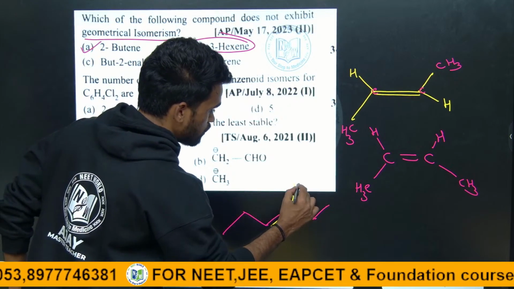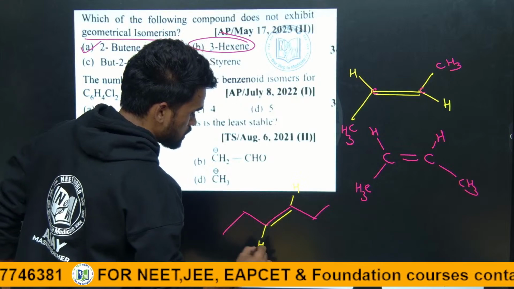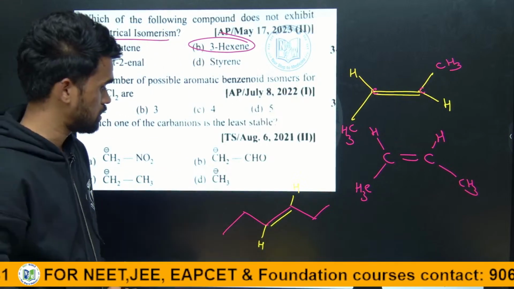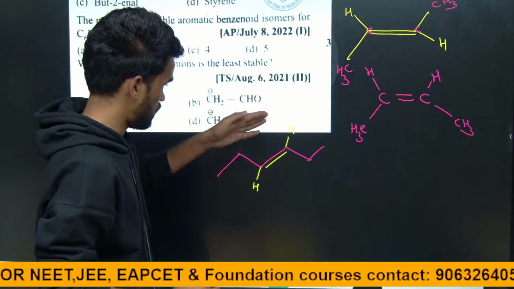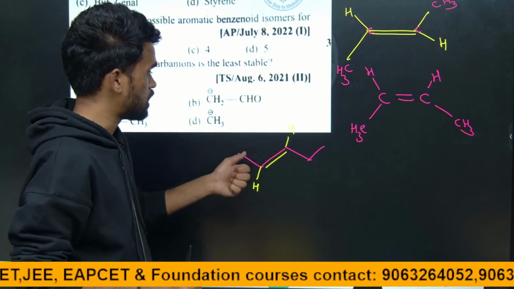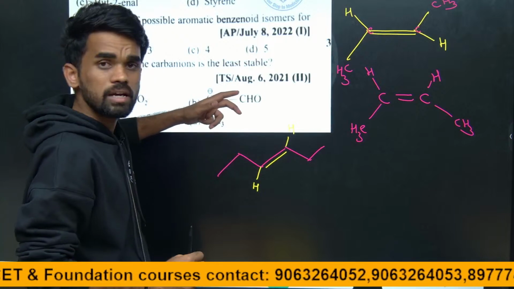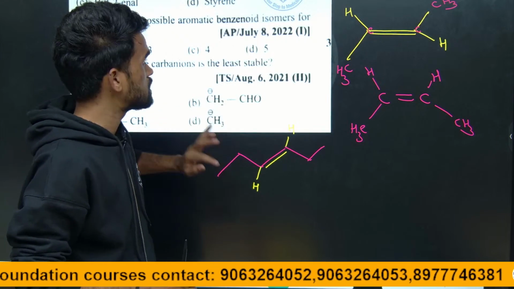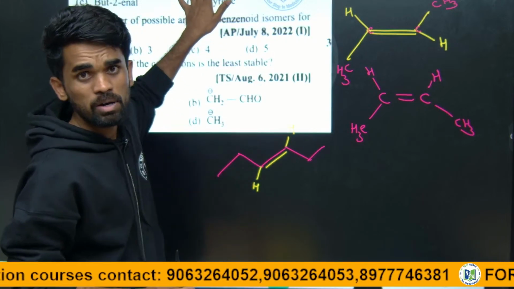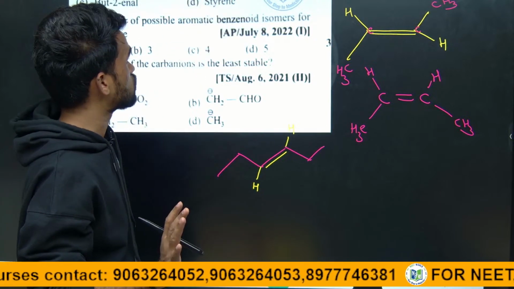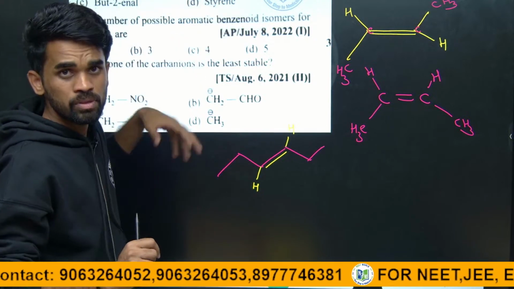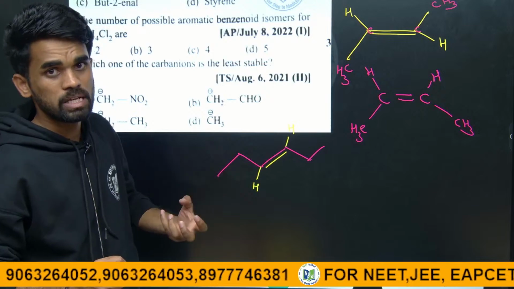See here, we can put one hydrogen above and one in the opposite direction, 180 degrees to each other. So this can be the trans form. We can also write putting these two hydrogens on the same side, and that will give us the cis form of this 3-hexene. I hope this is also clear. So A and B will show cis-trans isomerism or geometrical isomerism.